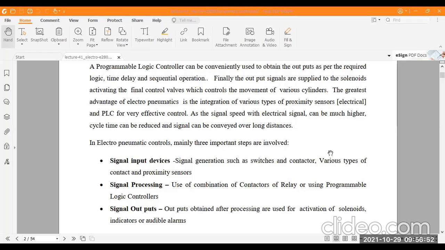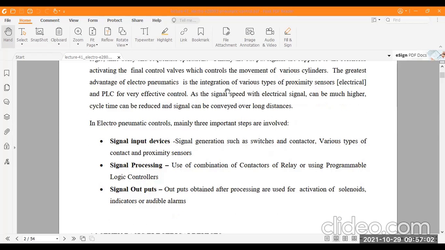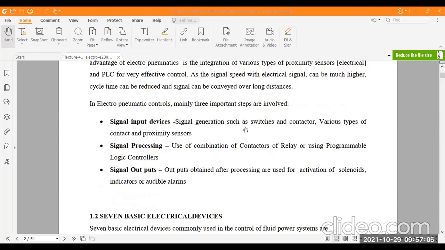The signal speed with electrical signals can be much higher, cycle time can be reduced, and the signal can be conveyed over long distance also. Okay, is it clear to all of you? Anyone have any questions? Please ask me.